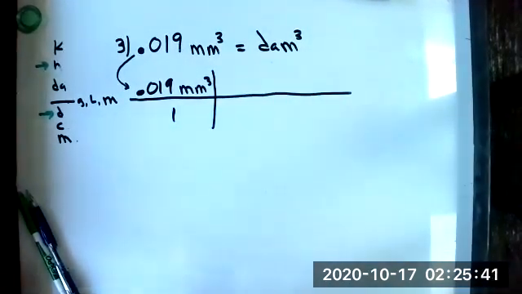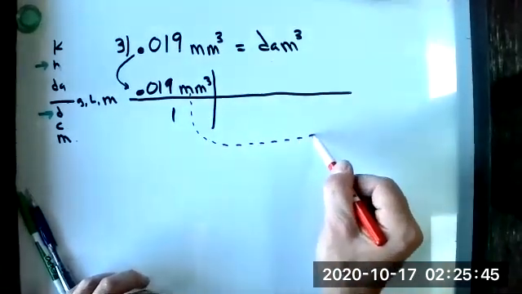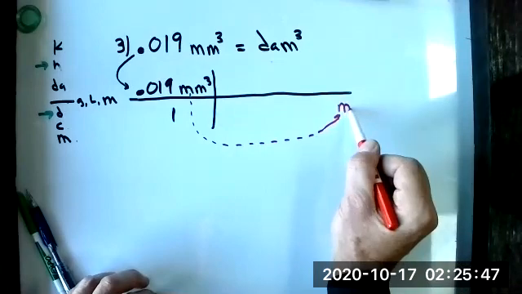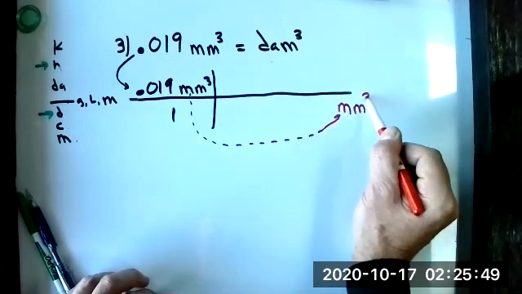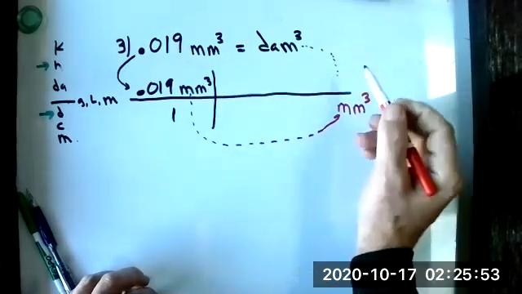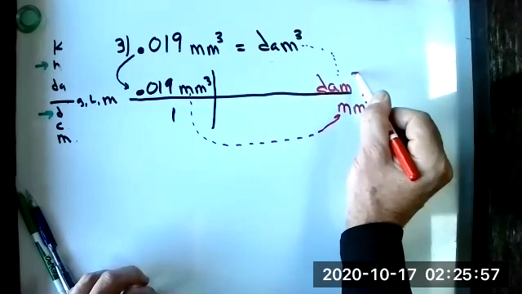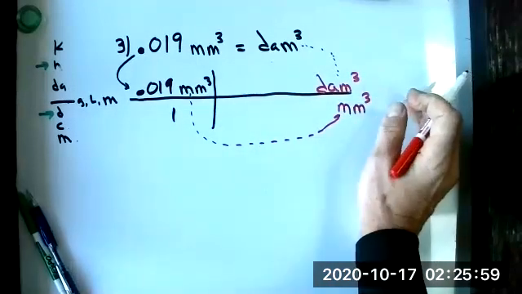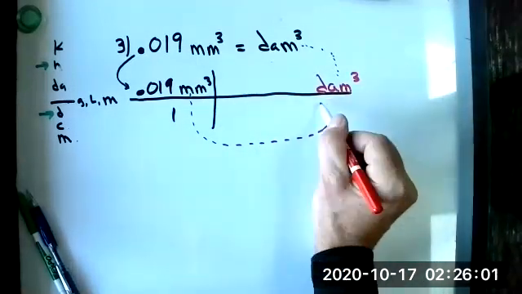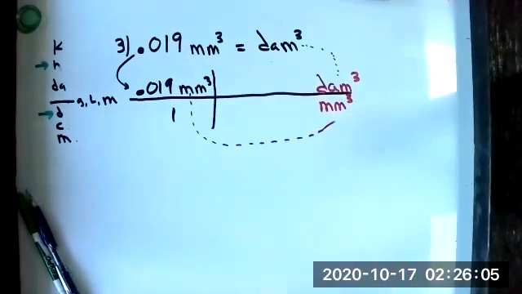My second step, every single time, I'll take that millimeter cubed and I'll put it down at the bottom. I'm going to grab this decameter cubed and put it here. Okay, the game is still the same.